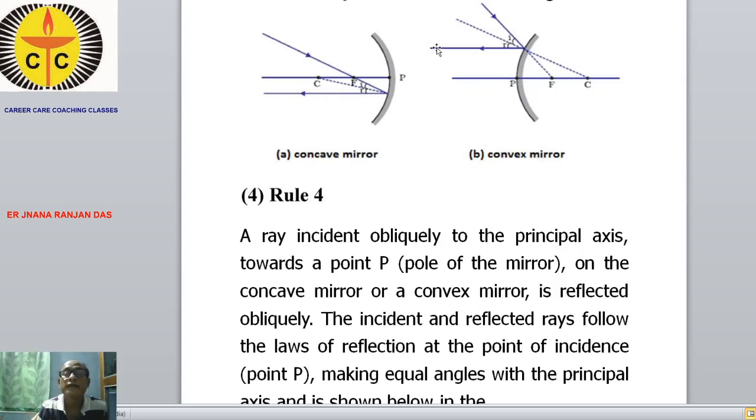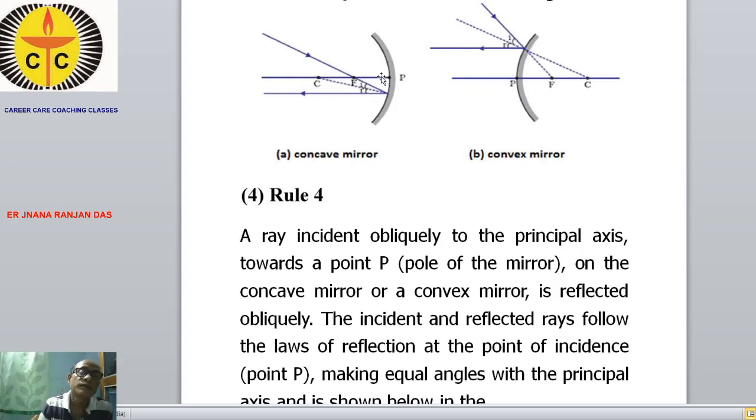Similarly here, the incident ray is falling on the surface of the convex mirror and, if extended, appears to pass through the focus. In case of a convex mirror, the reflected ray moves in a direction parallel to the principal axis. In both cases, it is the same.